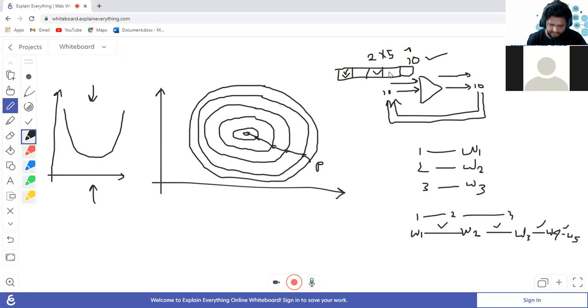That is the reason this descent does not happen very smoothly. It follows a zigzag path like this.